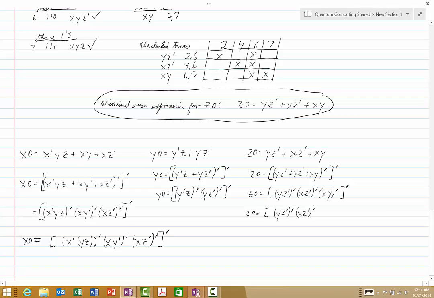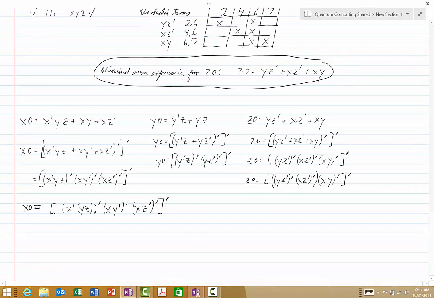We can generate those two results with two-input NAND gates, and then we can AND those two things together, and the result of that can be NANDed with xy prime, which can be obtained with a two-input NAND gate, and we'll have Z0.